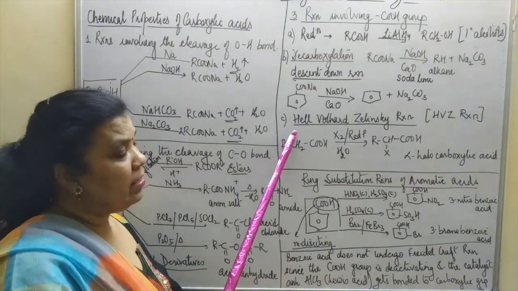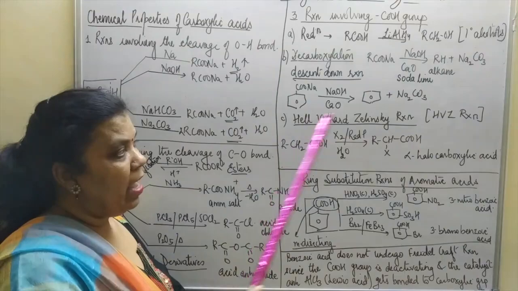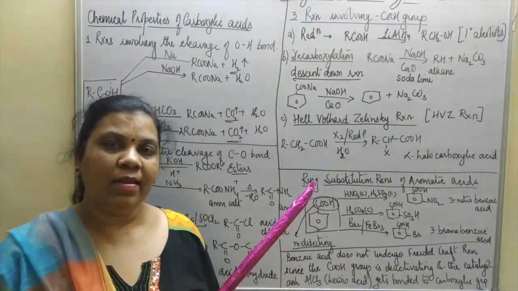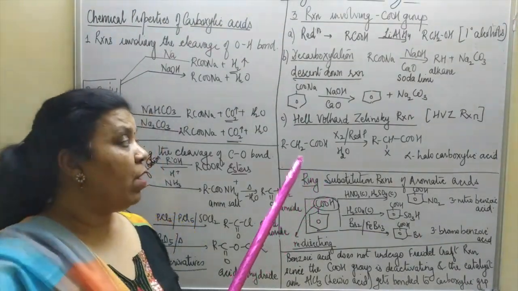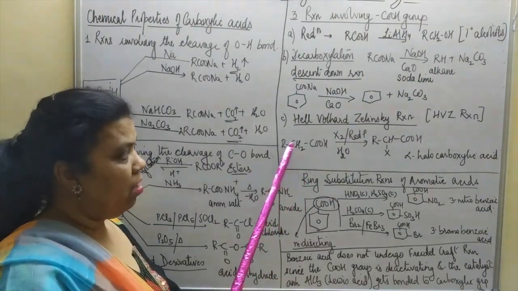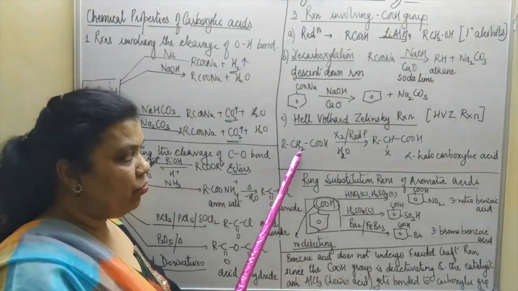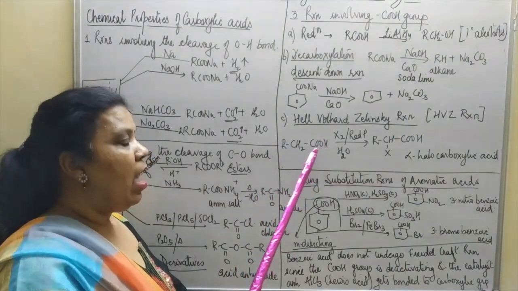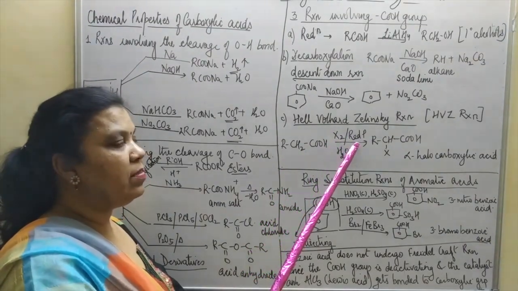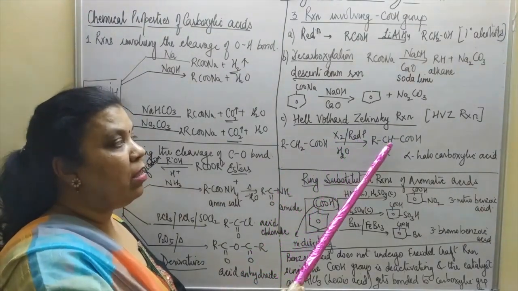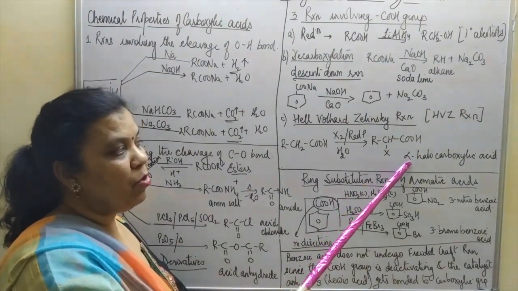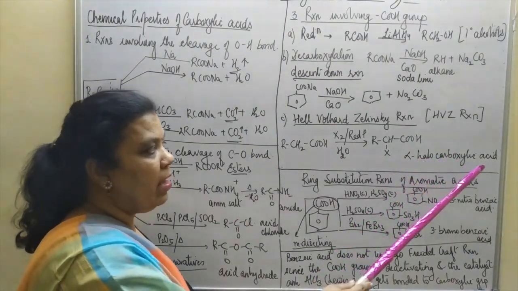Next reaction we have already studied earlier and it is called HVZ reaction, which stands for Hell-Volhard-Zelinsky reaction. It is given by only those carboxylic acids which contain alpha hydrogen. This is the alpha carbon, these are alpha hydrogens. So when you treat any carboxylic acid containing alpha hydrogen with halogen in the presence of red phosphorus, then the alpha hydrogen gets replaced by halogen, resulting in the formation of alpha halocarboxylic acid.